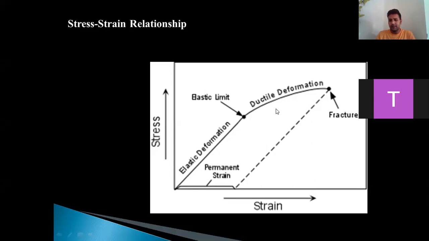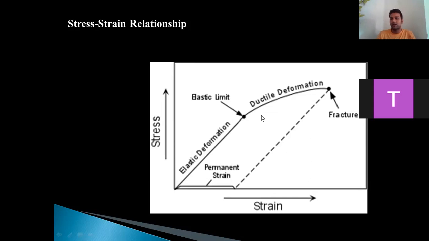You can see here that the portion developed from the elastic limit to fracture is called permanent strain, because if you remove stress from the rock, you will not be able to make the strain zero. The strain developed after the elastic limit is termed permanent strain.